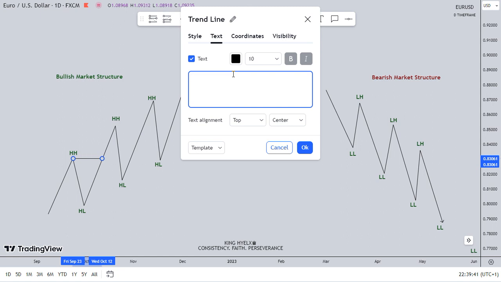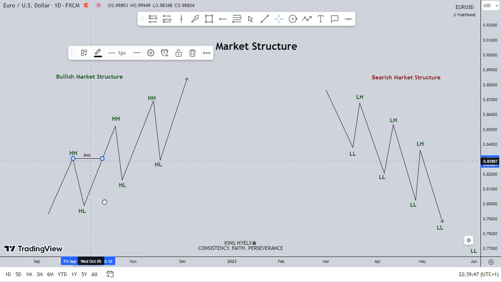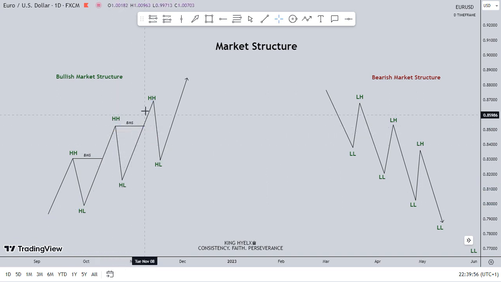So let me outline that with BMS. So we have a break in market structure here. Now we can't say there's a break in market structure here because this low did not close below this low. But what do we now have here? This previous high was broken to the upside. So that's a break in market structure.